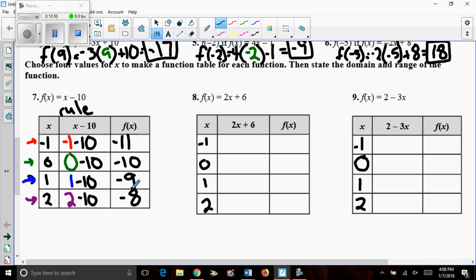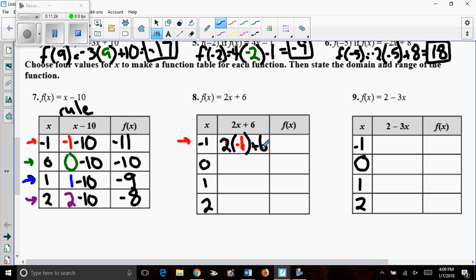Let's look at number 8. Number 8, we're going to have to do some multiplying and some adding, so be very, very careful. We have this negative 1 first. So instead of saying 2 times x, it's 2 times negative 1 plus 6.